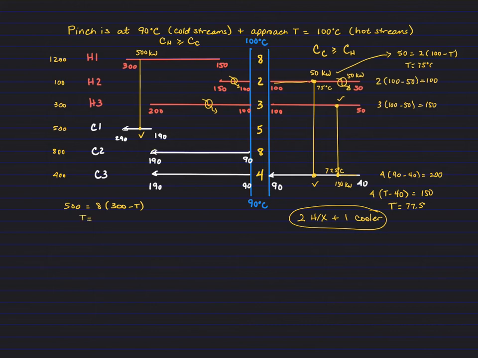And so that exit temperature is 237.5. Okay, so stream C1 is complete, but stream H1 is only partially cooled. I have 700 kilowatts still remaining to be removed, and so I can do this by pairing with stream C2.